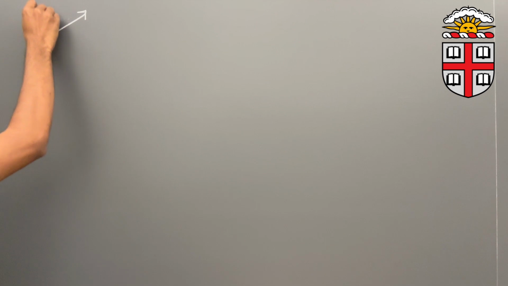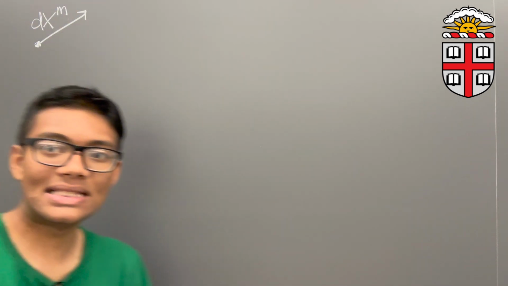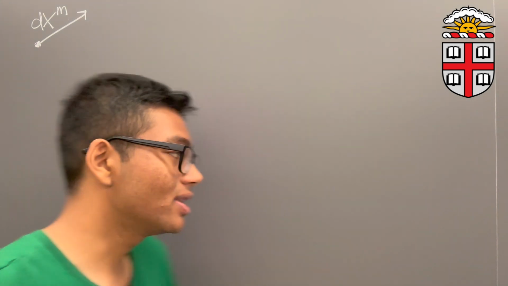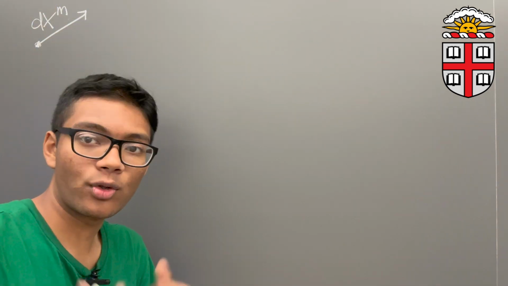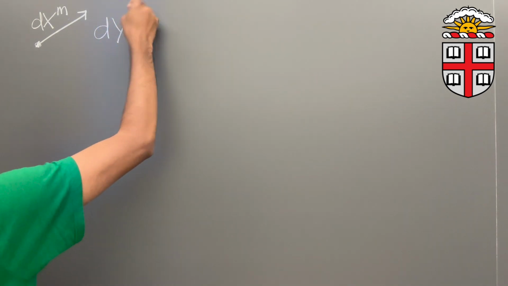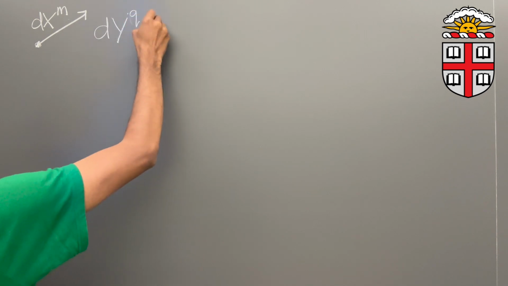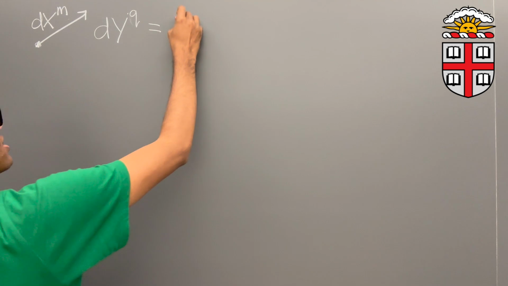That small displacement, let's call it dx, has the components dx to the m in the x coordinate frame. The question is, what are the components of this small step in the y coordinate frame? In other words, what is dy to the q? Well, dy to the q is very simple to write down. You just use the chain rule.